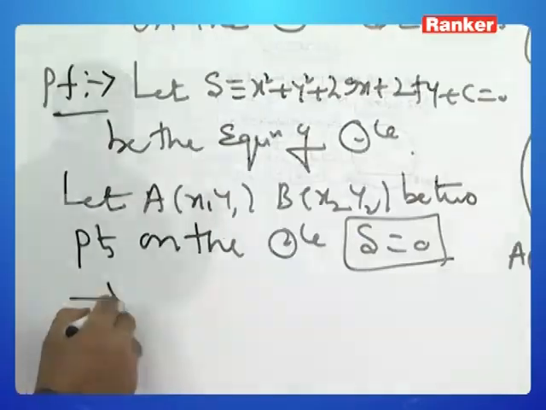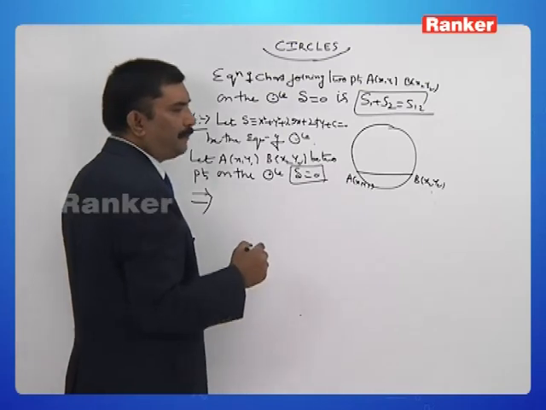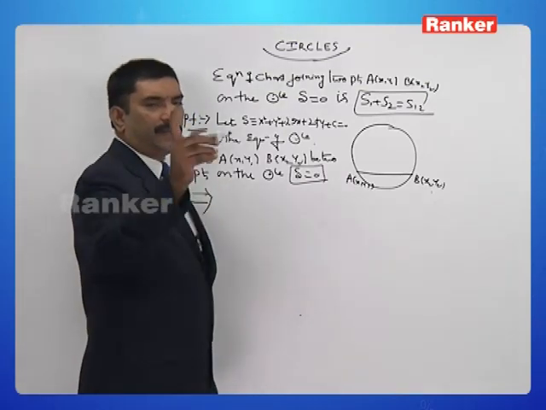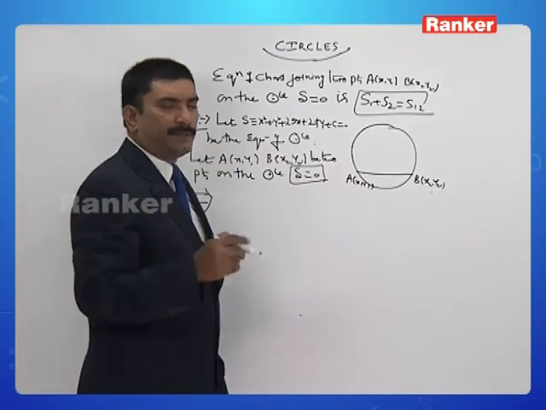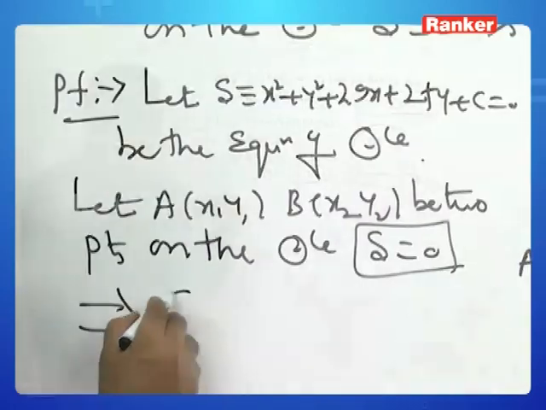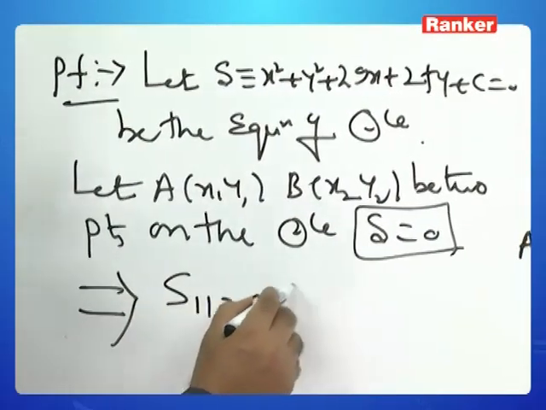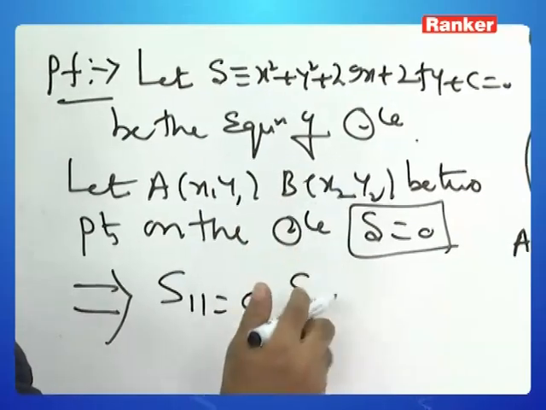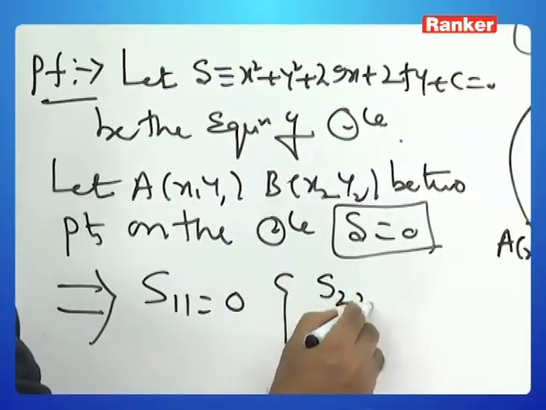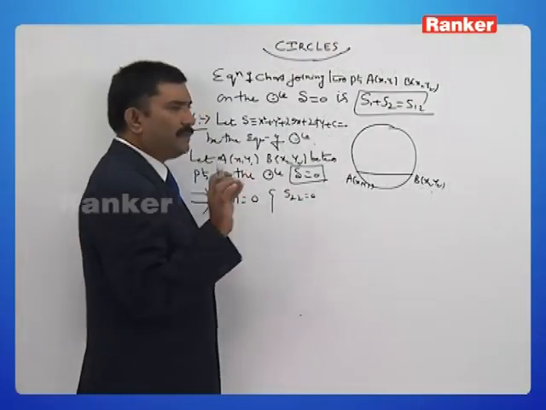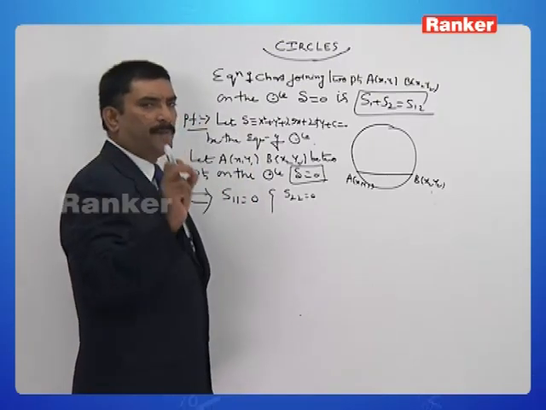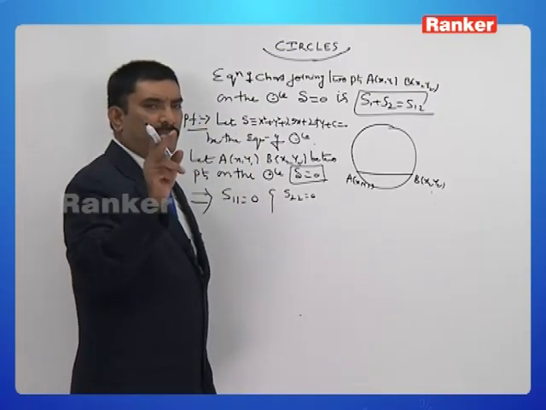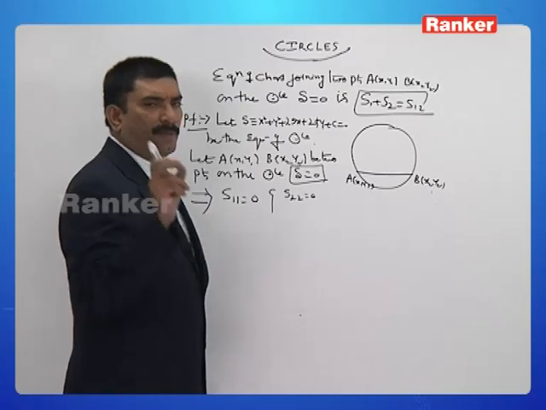We know that by using the position of the points, when the point lies on the circle, S11 is equal to 0, and also for this point, S22 is equal to 0. What is S11? x1 square plus y1 square plus 2gx1 plus 2fy1 plus c.